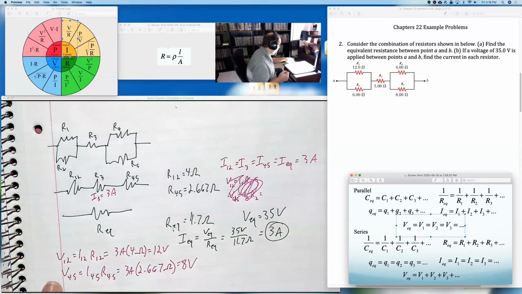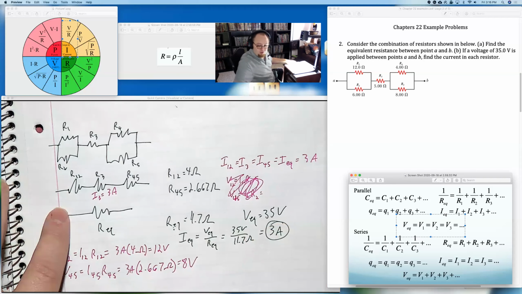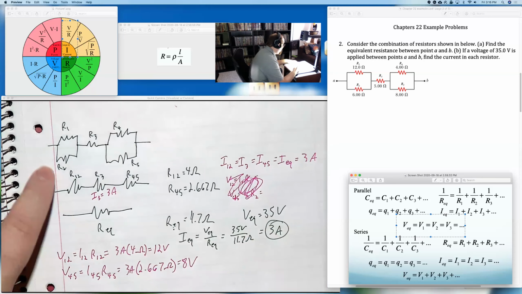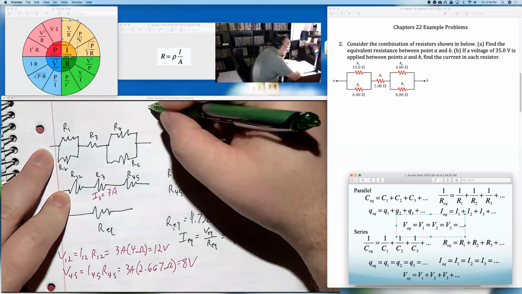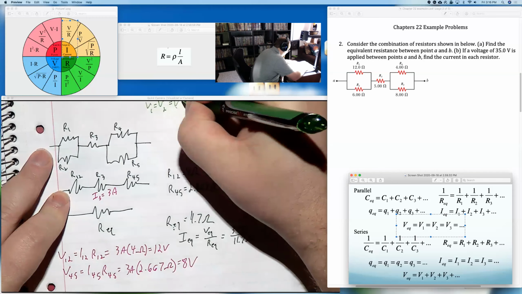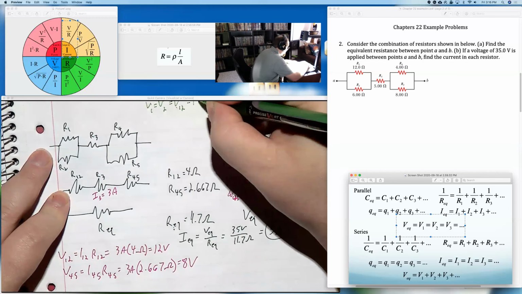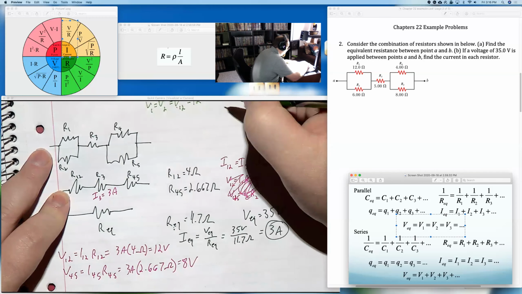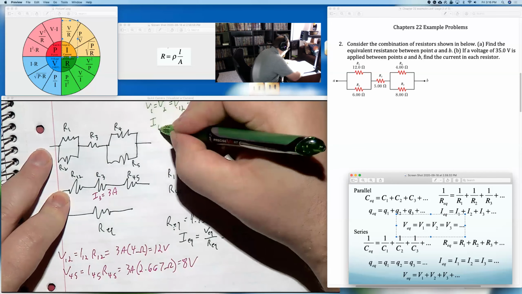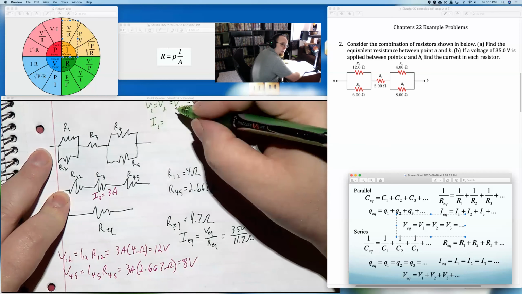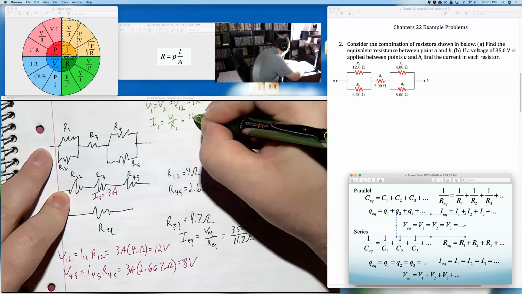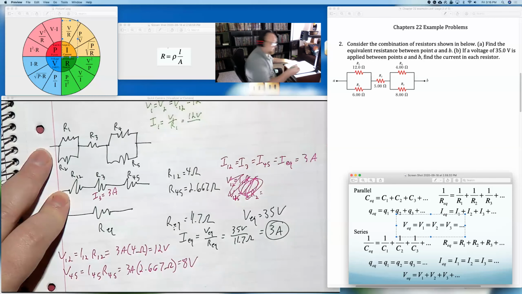If the voltage on 1, 2 is 12 volts, I can use the same logic that if this is made up of ones in parallel, they have the same voltage. That V1 equals V2 equals V12 equals 12 volts. V equals IR, so that means I1 is V1 over R1, or 12 volts over 12 ohms.